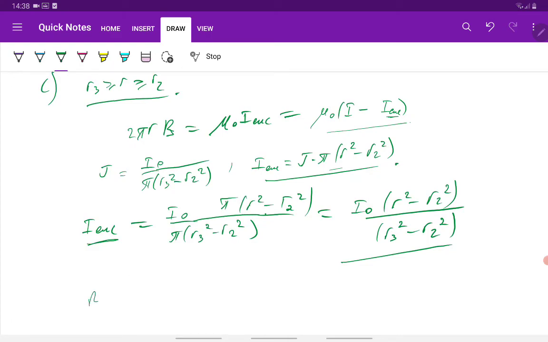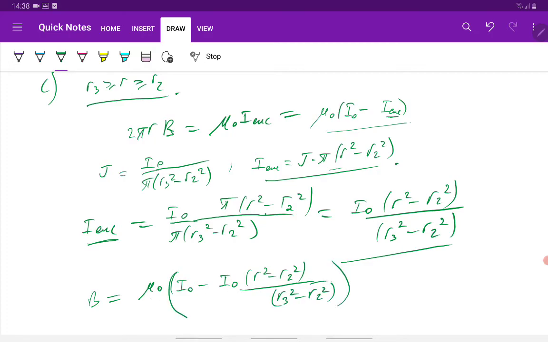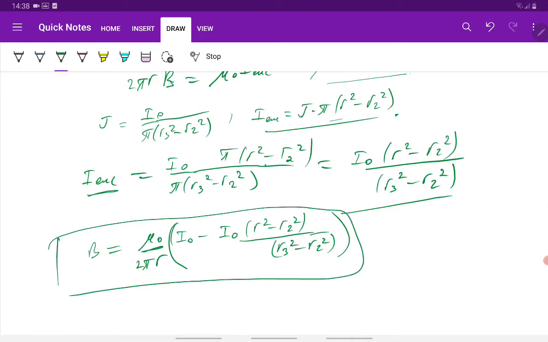So let's find B. B equals to mu 0 I. So this is I0, right? I0 minus I0 R squared minus R2 squared over R3 squared minus R2 squared, divided by 2 pi R. That's it. We found it also.